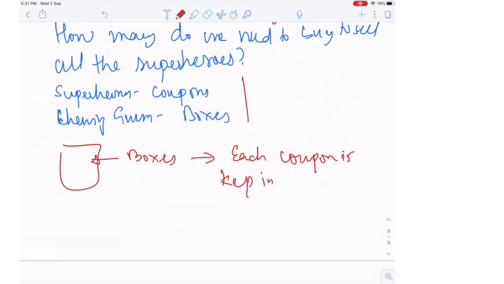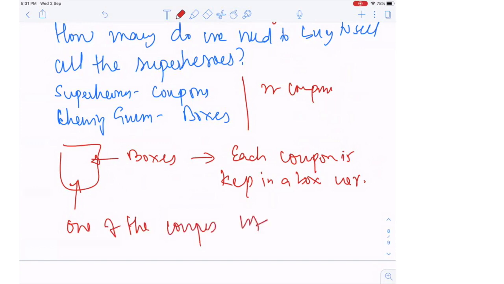Okay, so how many coupons do we have? N coupons. Each coupon is kept in a box uniformly at random, meaning I keep one of the coupons with probability 1 over n. So every coupon goes into the box with probability 1 over n, right? This is the random process we have.